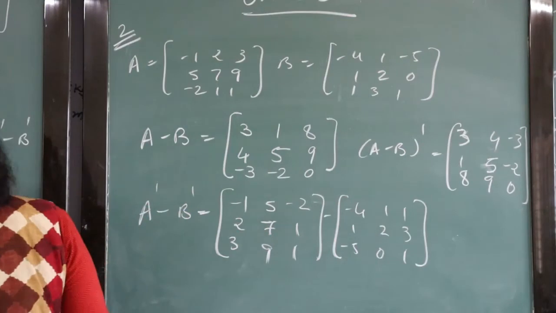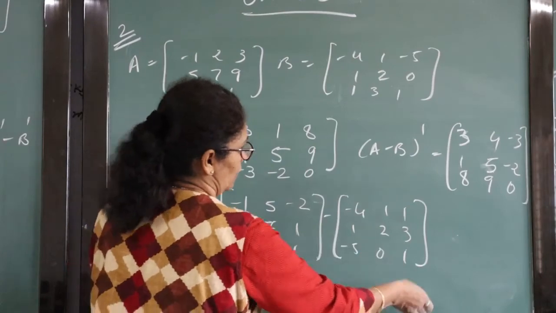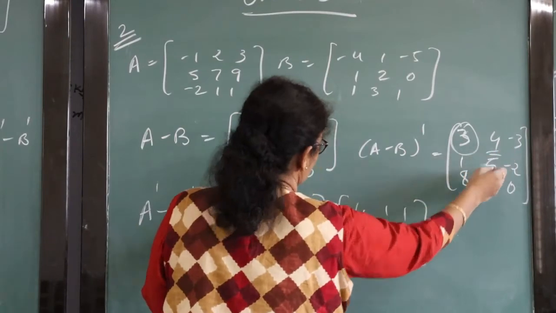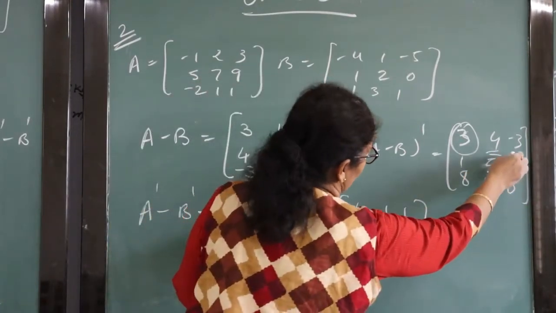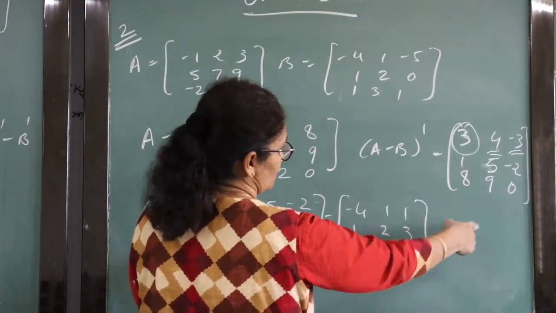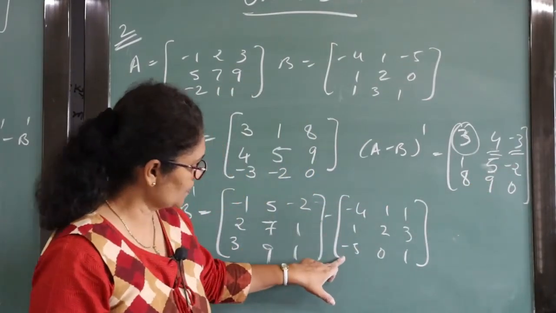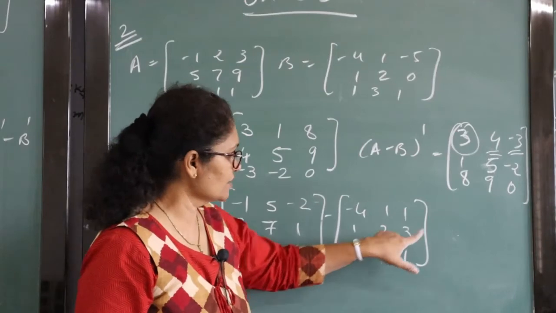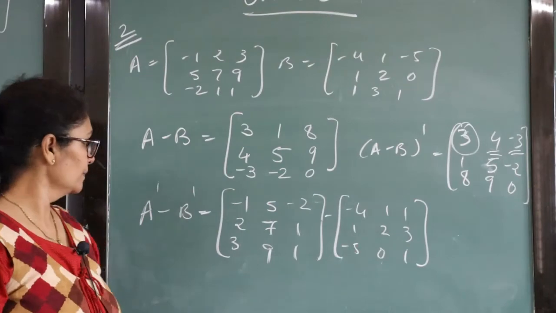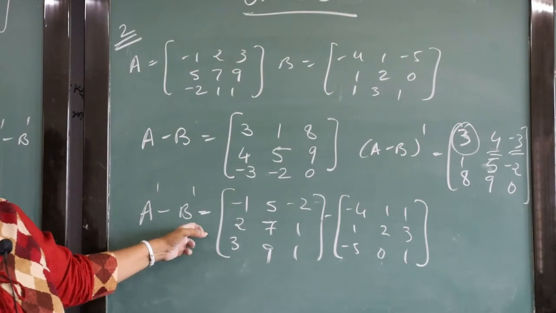Now subtract it and by that you check it. -1 minus -4 will be 3, so you get the same answer. 5 minus 1 is 4, same answer. -2 minus 1 is -3, same answer. 2 minus 1 is 1, 7 minus 2 is 5, and 1 minus 3 is -2. 3 minus -5 is 8, 9 minus 0 is 9, and 1 minus 1 is 0. So we are getting A minus B transpose equal to A transpose minus B transpose.